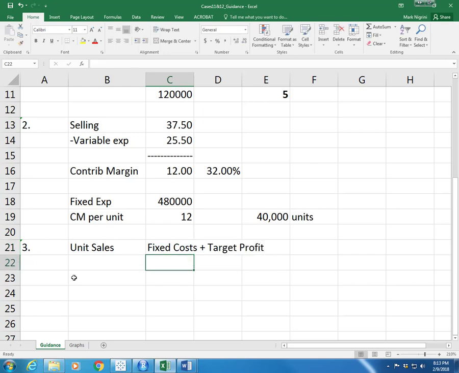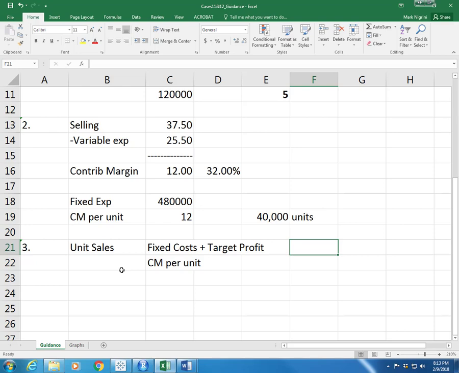And if I divide this by my contribution margin per unit, it'll tell me how many units I have to sell to get the same net income.